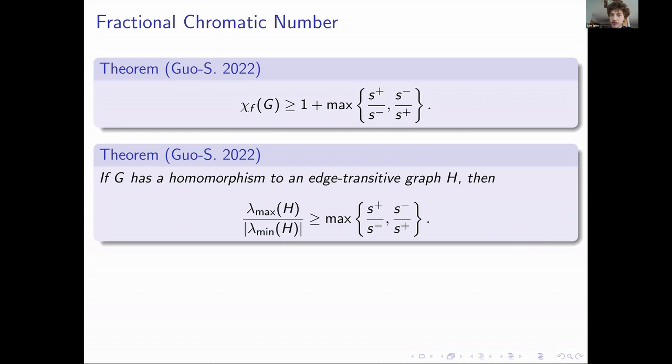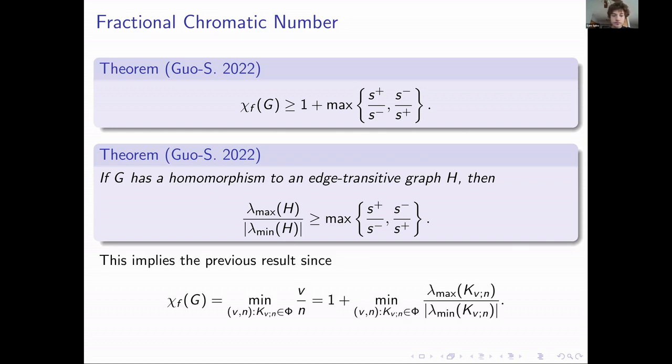And the reason this implies our main theorem is because, again, the fractional chromatic number can be written as this ratio amongst all Kneser graphs we have a homomorphism to. It turns out, though it's not obvious at first glance, that these ratios v over n can be rewritten as 1 plus the size of your largest eigenvalue divided by the size of your smallest eigenvalue. And now, because Kneser graphs are edge-transitive, we can lower bound this quantity by these S.